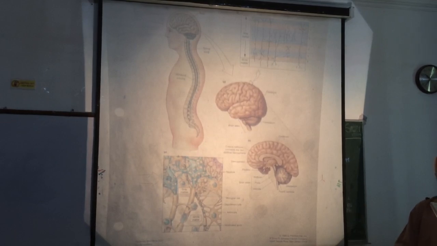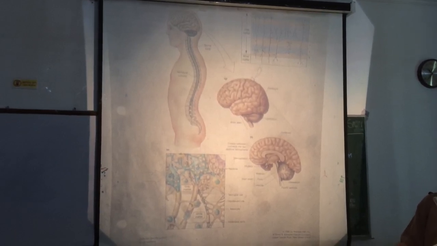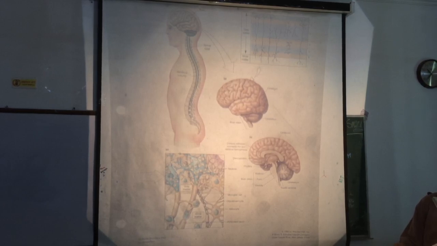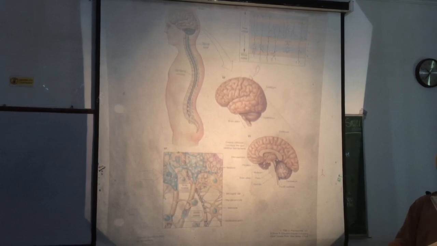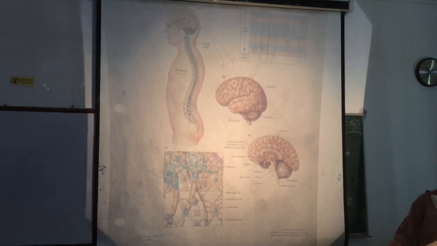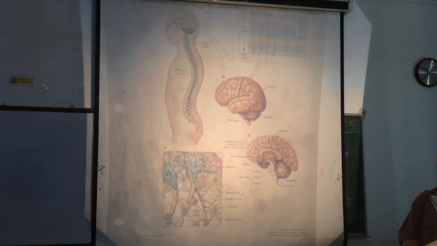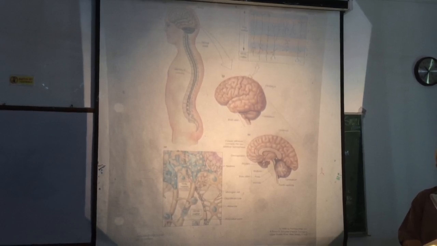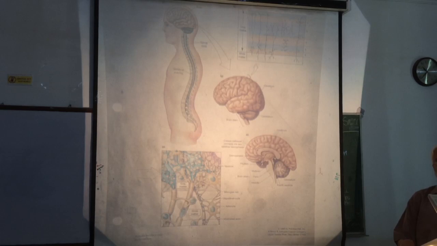Pons contains nuclei of the 5th, 6th, and 7th nerve. The 5th nerve, the trigeminal nerve, has 3 nuclei: the motor nucleus, the principal sensory nucleus, and the spinal nucleus.